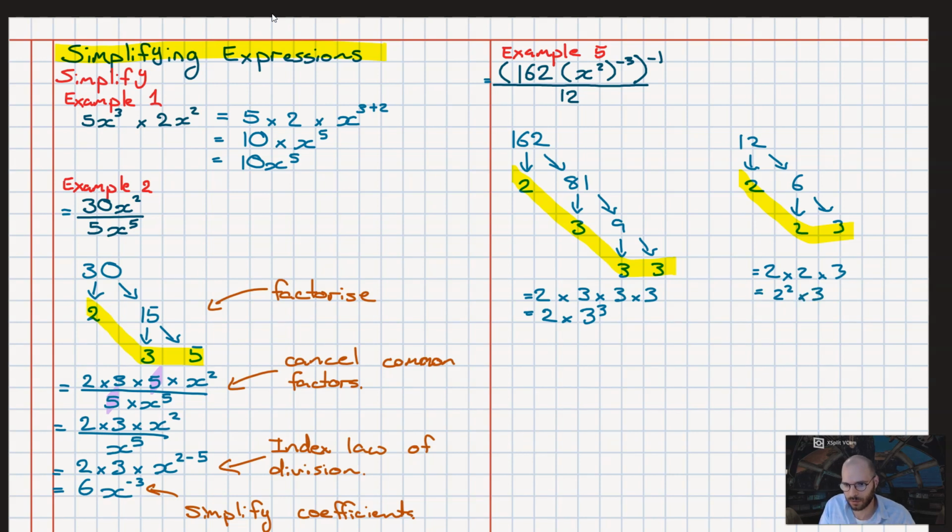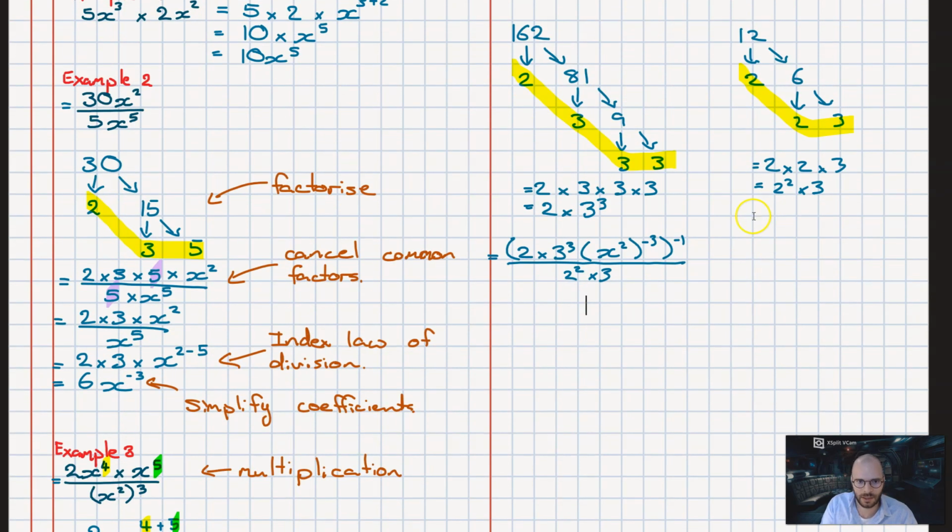So moving from our top line downwards, we're going to get 2 times 3 cubed, multiplied by x squared to the negative 3, all to the negative 1. Then down in the denominator it becomes 2 squared times 3.